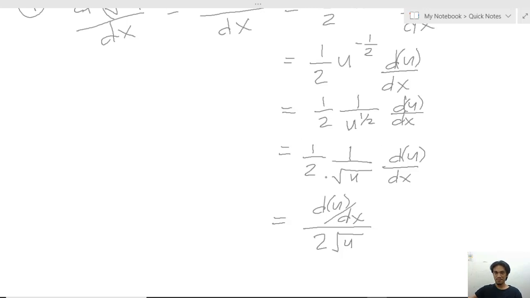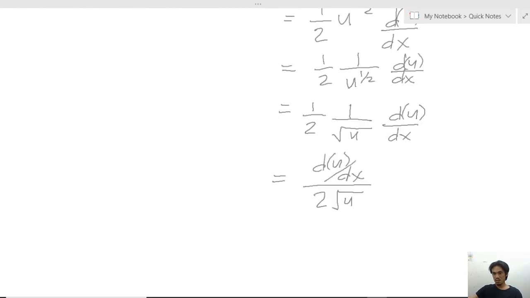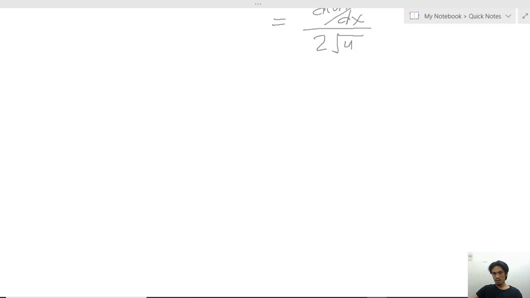Remember, just as a recall, we have u raised to 2/3. You can write this as u, copy the numerator 2, and then cube root.